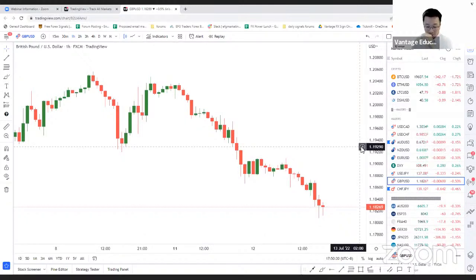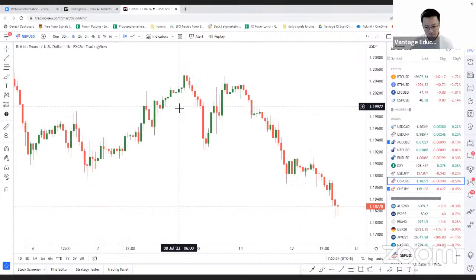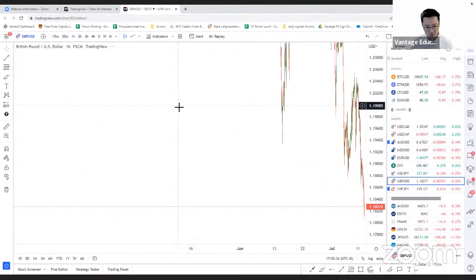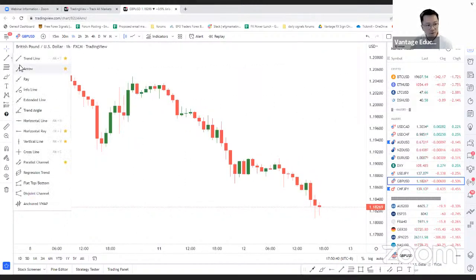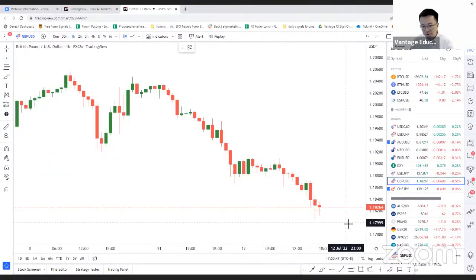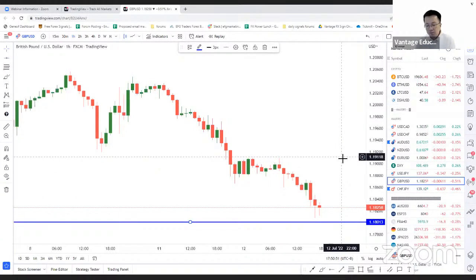But I haven't jumped into this trade because I'm looking at, let me zoom out and see if I can find it, this round number of 1.18 as a key support level. I'm looking for that to break below the support before I would consider any selling opportunities.